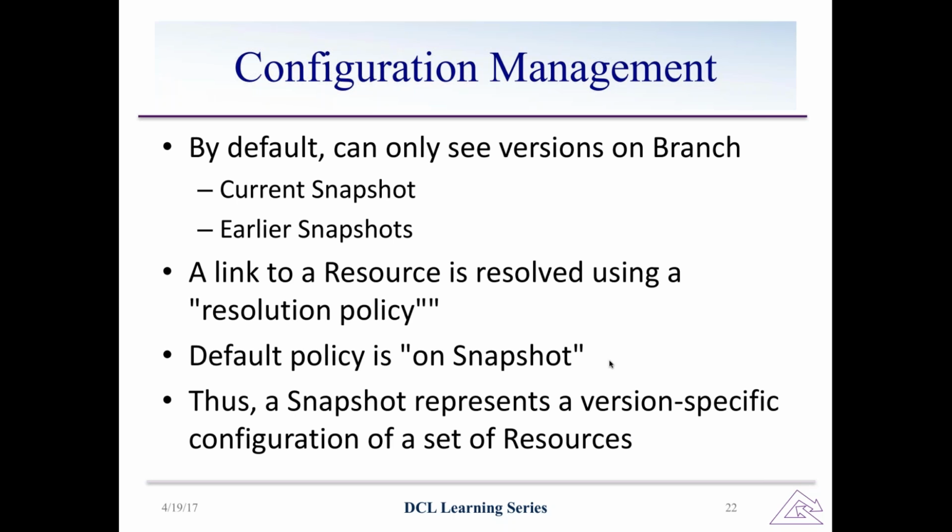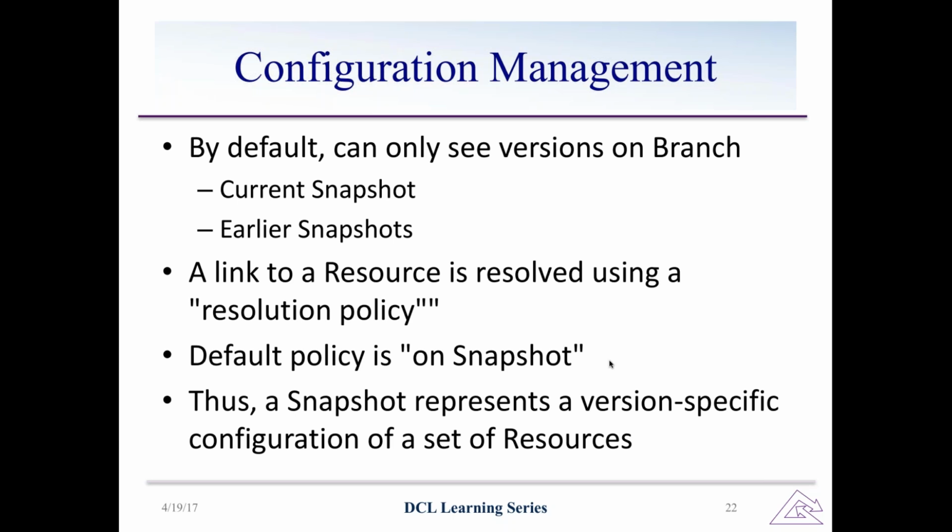Right? Bring all this together, what this becomes is a snapshot represents a version-specific configuration of a set of resources, right? So I have a set of resources representing all the things that my HyperDocument needs, right? All the maps, all the topics, all the images. There are going to be versions of those. Those versions are linked to by my snapshot.